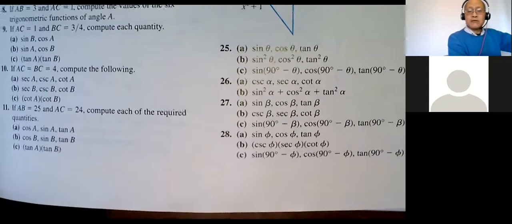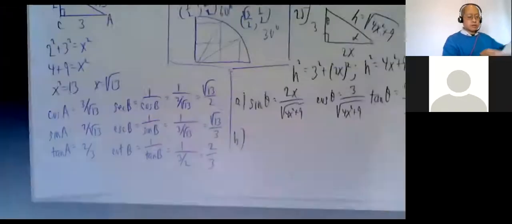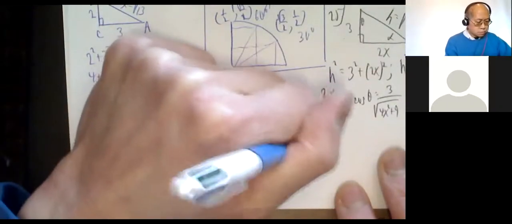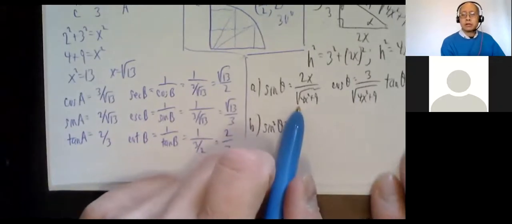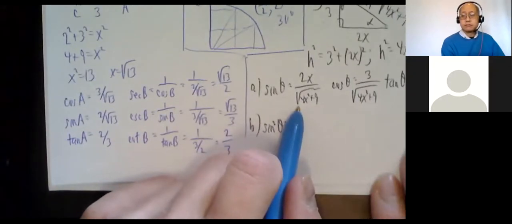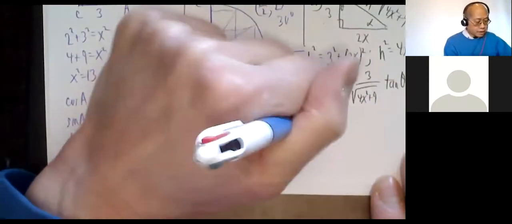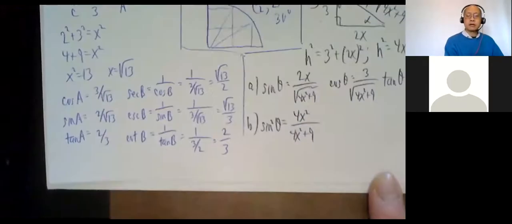Again, part B, 25, it asks for the square of those. Sine squared, cosine squared, tangent squared. I just square them. And what happens when you square a square root? Just drop the square root. So 4x squared over 4x squared plus 9.